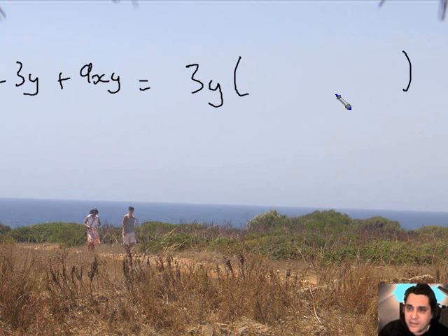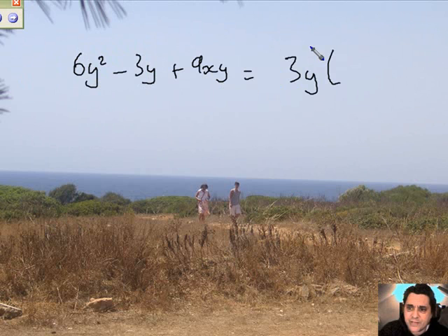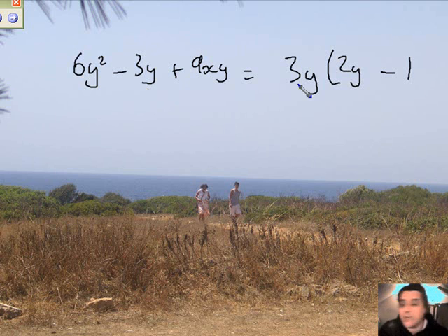So open up my bracket and right, 3 times 2 makes 6. And y times y will make y squared. Therefore the term inside the bracket first is 2y. Then minus, well, 3y times 1 will make minus 3y.